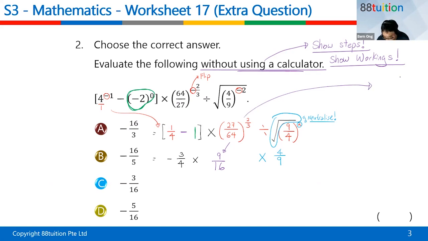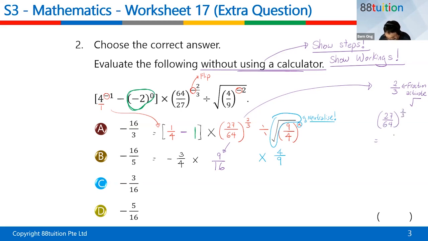All right. So whenever you see a fraction, what does this mean? A fraction actually activates the root. So 27 over 64 to the power of 2/3, what does it mean?